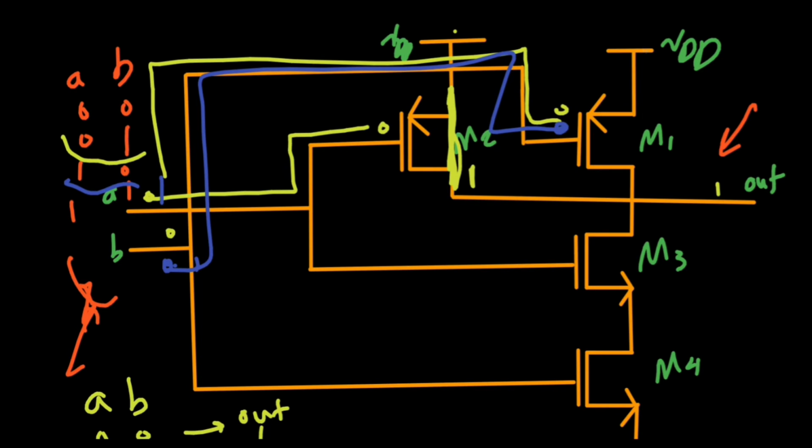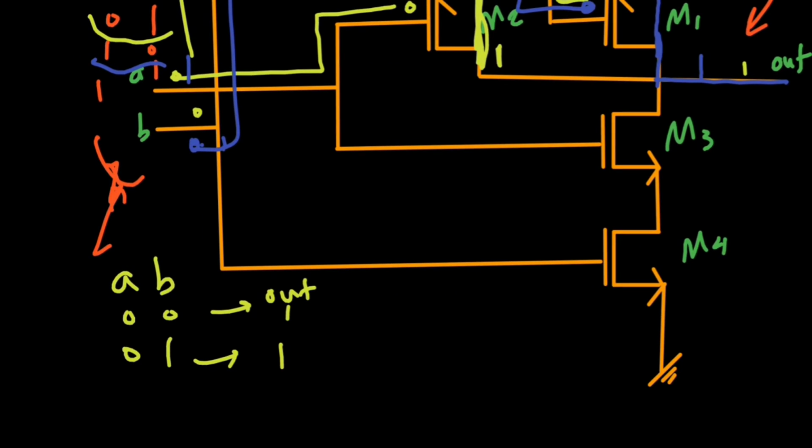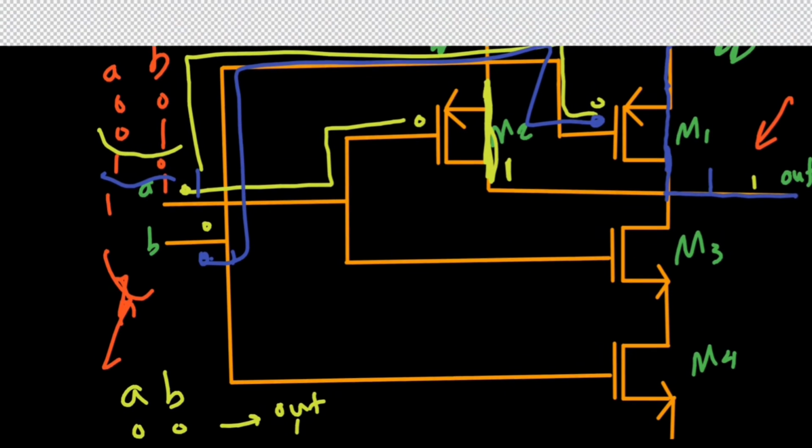M1 would turn on and connect this VDD, the source of this transistor, to its drain, and its drain happens to be the out wire. Therefore, it would have VDD, or high voltage, or 1 on this wire. So we say 1, 0 also produces 1. So 3 cases, all of them are equal to 1.